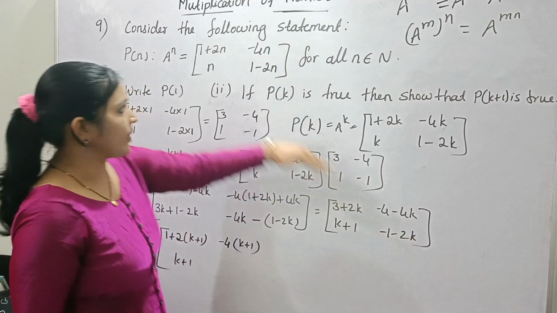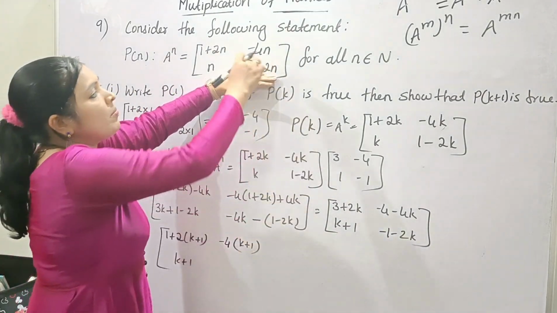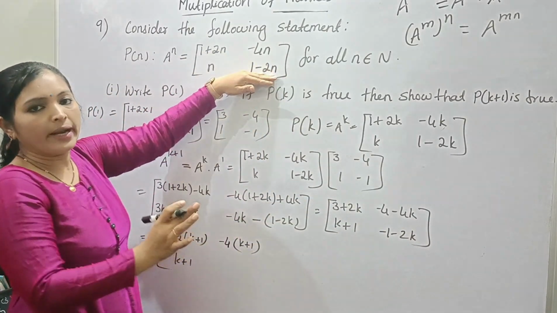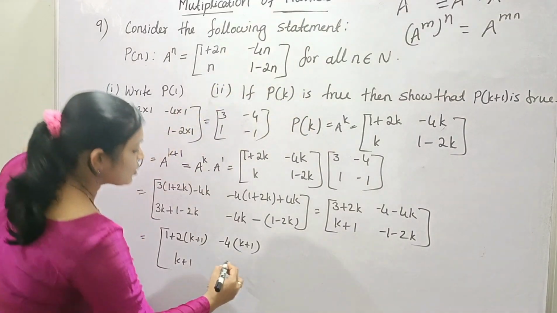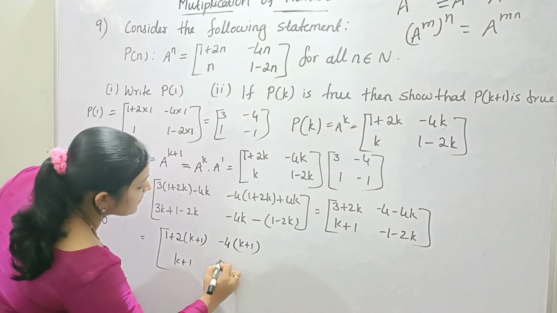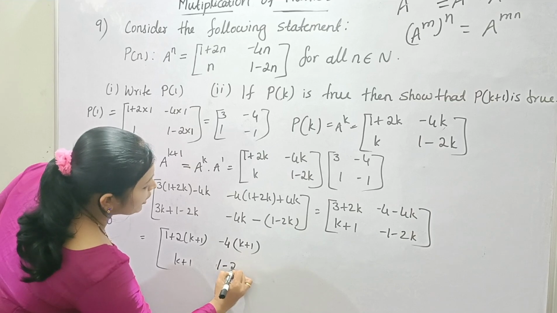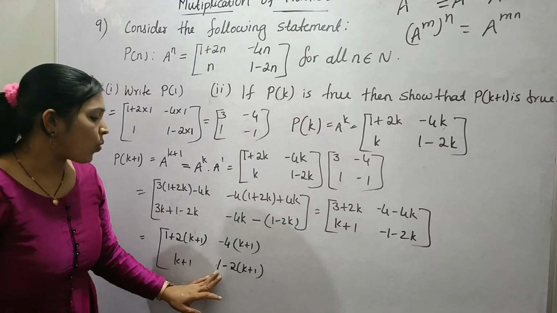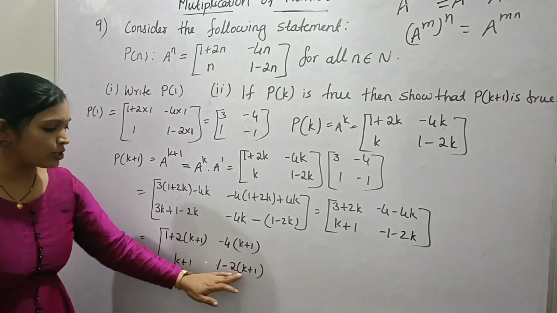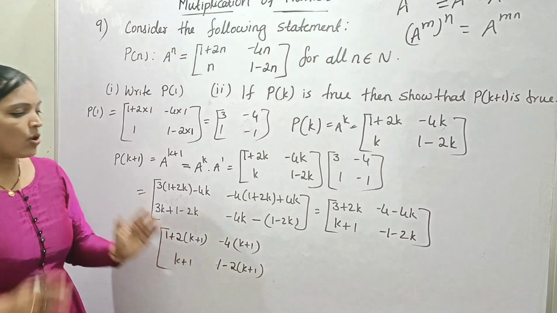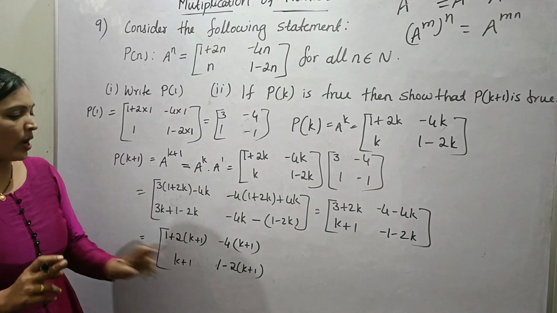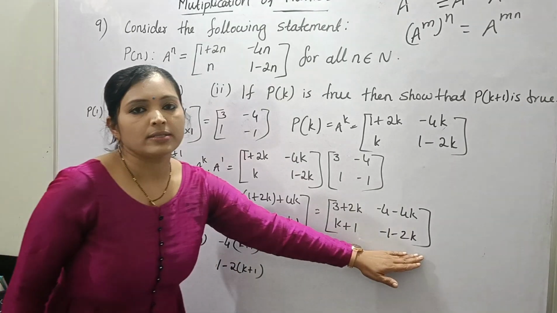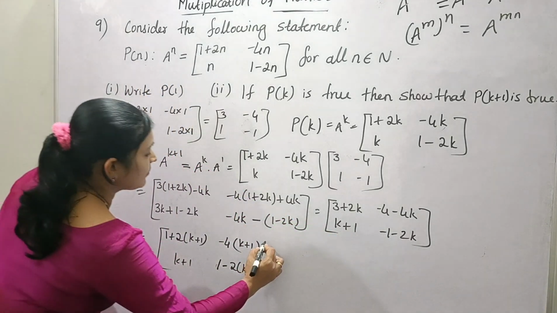Minus 1 minus 2k. We have to make it in the form 1 minus 2n, right? So let us write 1 minus 2 into k plus 1. After simplifying, what will we get? 1 minus 2k minus 2, that is 1 minus 2 is minus 1, and minus 2k. Same, right?